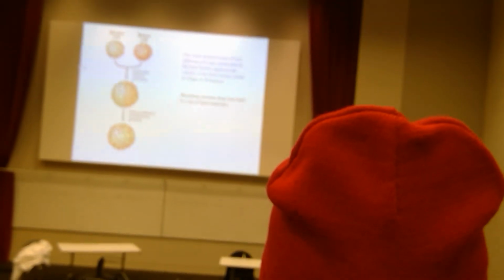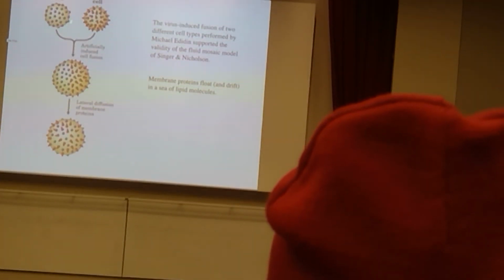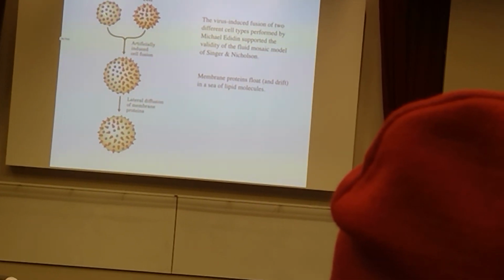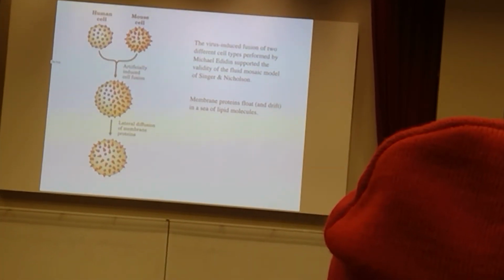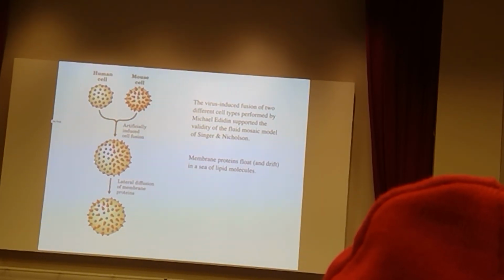And we can watch what happens as we fuse two cells together. So this is one of the original experiments that was conducted to watch this happen. They took a human cell, decorated it with one color of fluorophore, a mouse cell, decorated it with, let's say, a red fluorophore, induced them to come together, and then just watched over time as the different colors managed to scramble themselves and diffuse all around that conjoined cell.